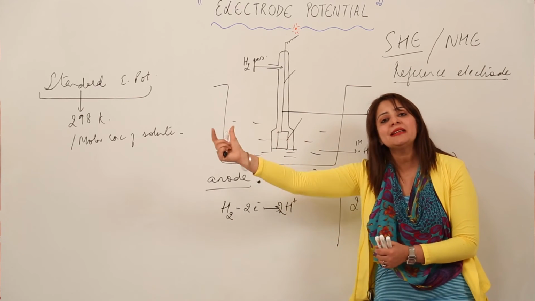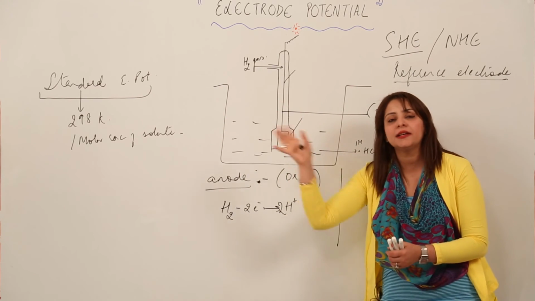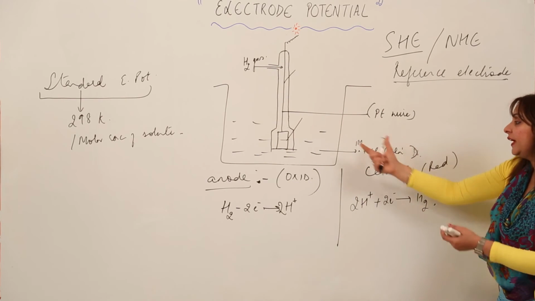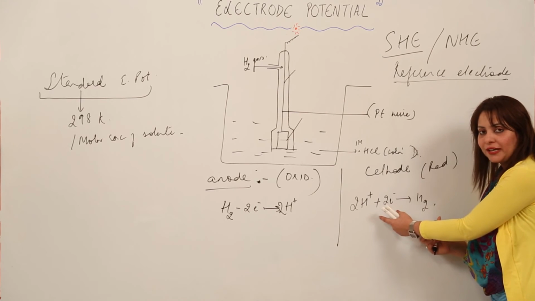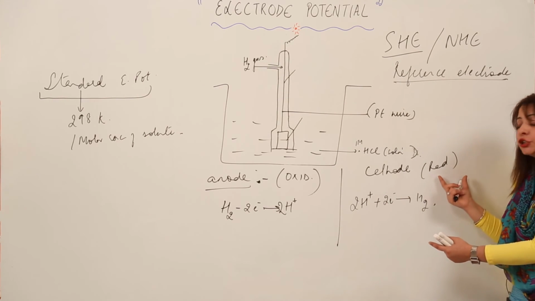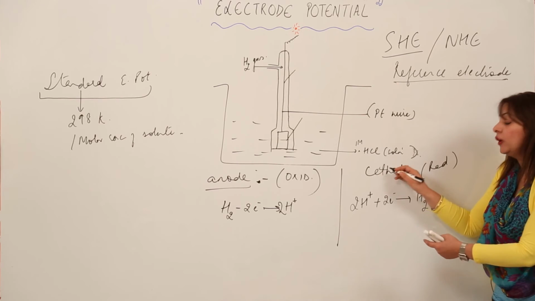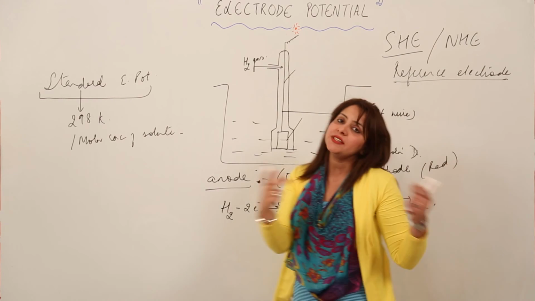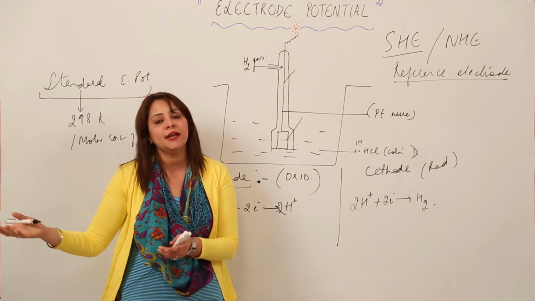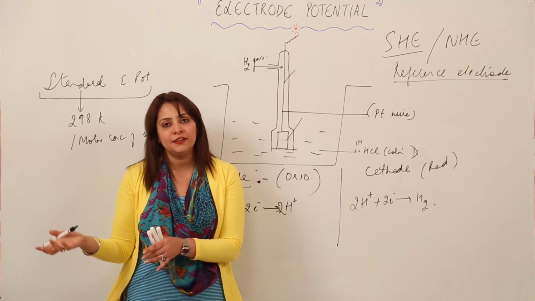We can separate that cell and use it in any other couple. And if we see this other reaction occurring for the SHE, that means it is undergoing reduction. It acts as a cathode, and the cell attached to it may be acting as an anode. So we can detach the combination and use it in any other case.